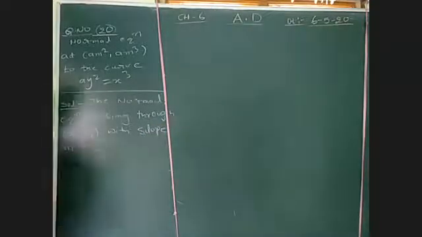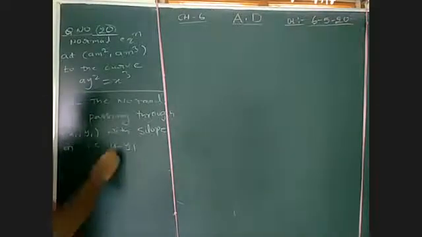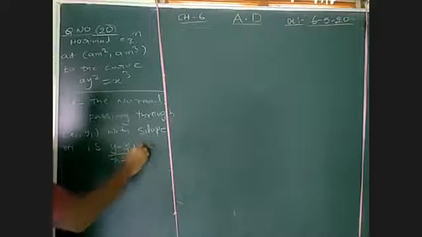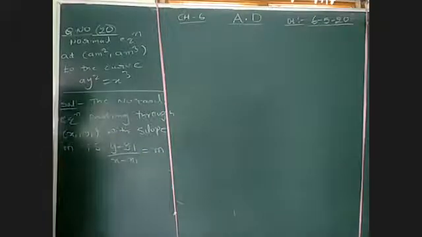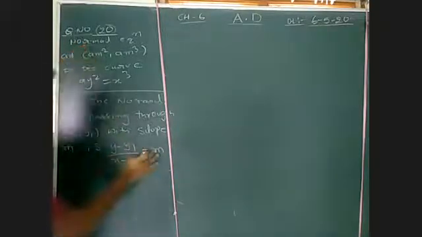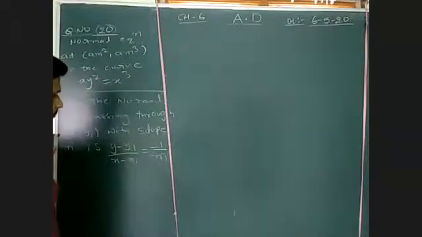What is the formula here? (y minus y1) by (x minus x1) is equal to m. If I take it equal to m, this is the equation of tangent, but they are asking for the normal equation, so we can take minus 1 by m.